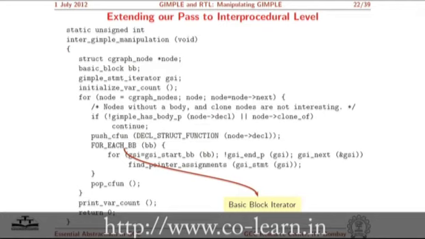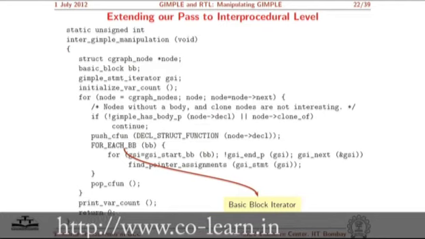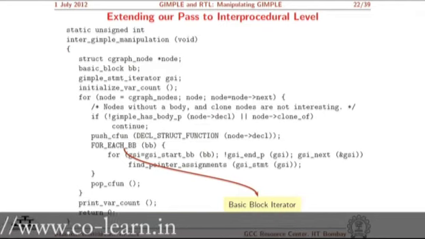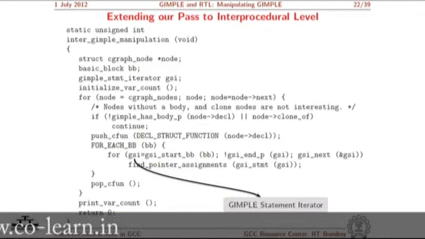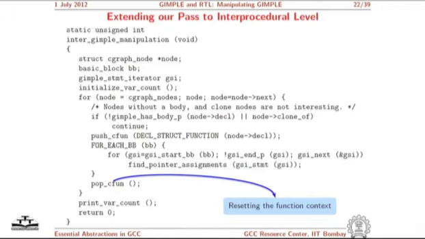This is the code that we already know. For each bb in the current function, iterate over the Gimple statements, find pointer assignments, and then you just pop the function. Now you are done with the context. Okay, say that my variables do not hold these values anymore, and this is in a for loop, you go over and push the C function.